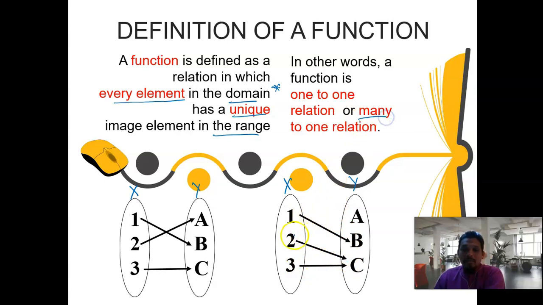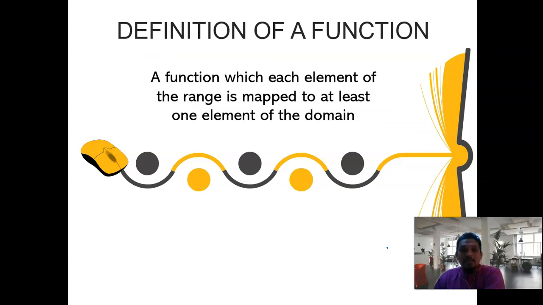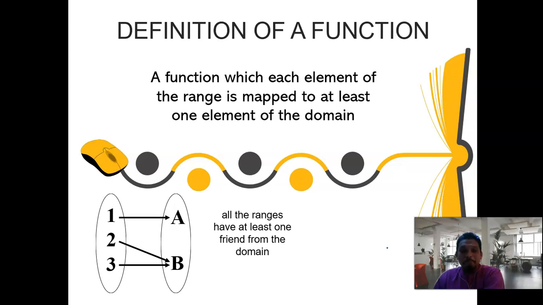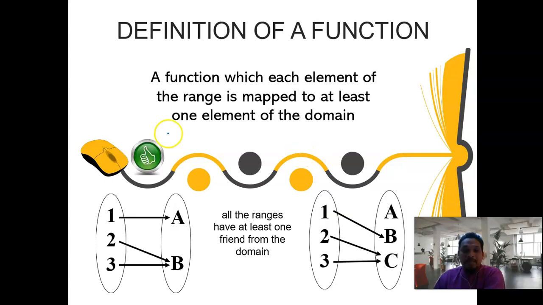Okay, more than one element in x, this is 2 and 3 here, more than one, mapped to one element in the group of y. So a function which each element in the range, meaning each element in y, is mapped to at least one element of the domain.